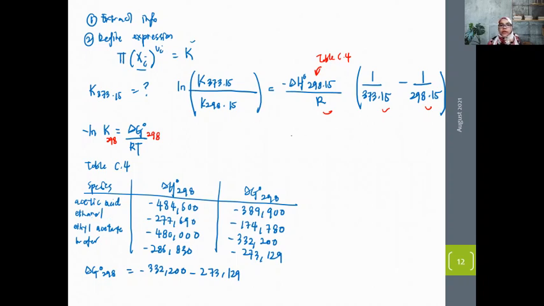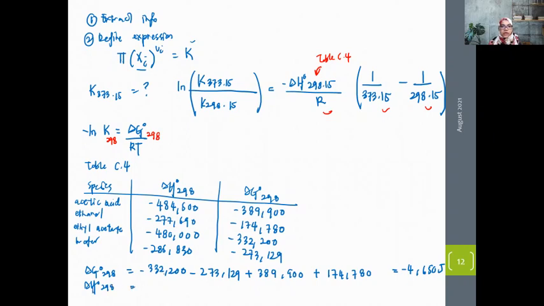Based on the stoichiometric number for the reactants, we have -1, so eventually we have plus 289,900 plus 100,074 and 780. So the value for delta G is minus 4,650 joule.